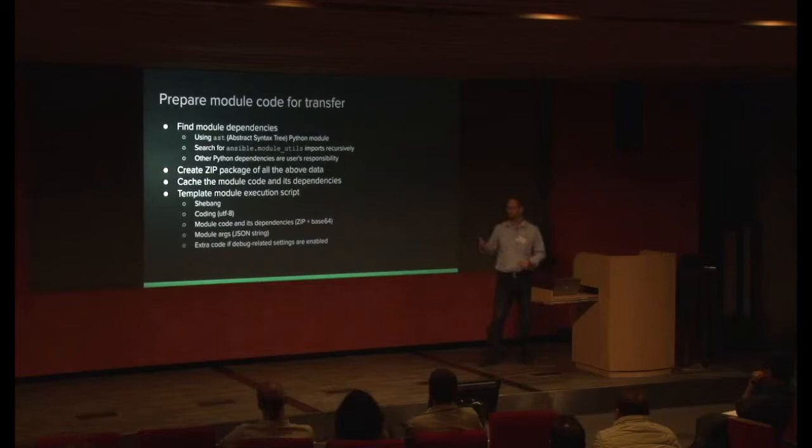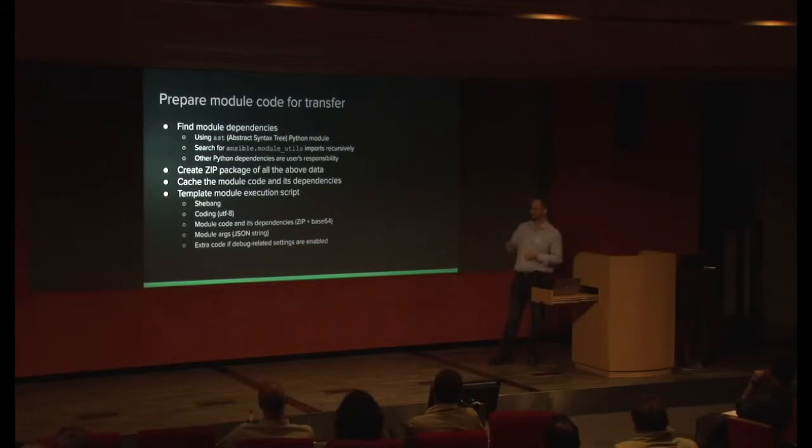The module code and the dependencies are generic. But you provide some parameters for each of the tasks, which is basically the module, right? So there is also a set of arguments which you need to feed the module to execute what you want on the remote side. That's another string, the module arguments, which is a JSON string that is parsed while the module executes on the remote side.